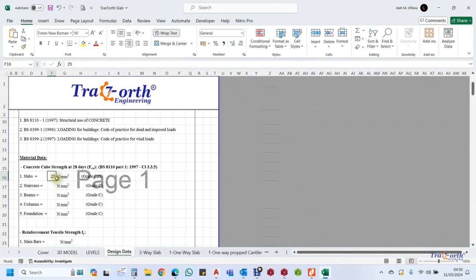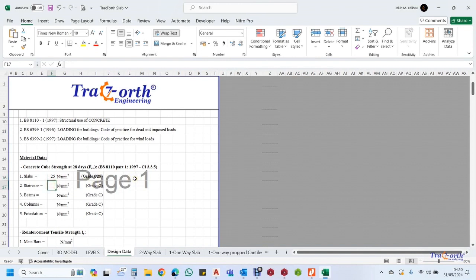But you need to use your judgment very well, especially if you are in this part of the world. It's very difficult to attain this 25 Newton per millimeter square. So you have to be very careful when you select this, and this is for your durability consideration.